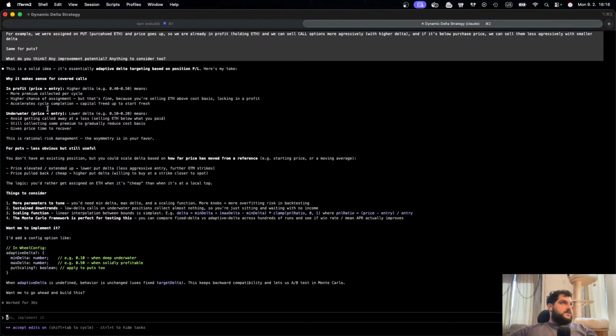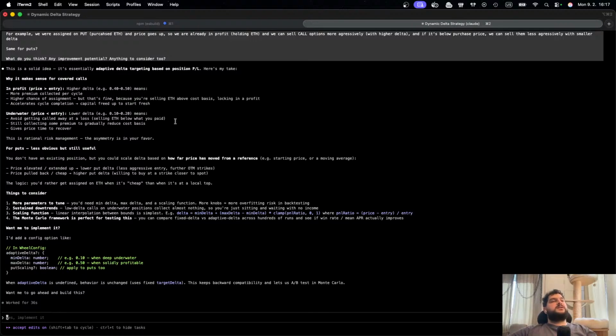Why it makes sense? This is a solid idea. It's essentially adaptive delta targeting based on position. Here's my take. Why it makes sense for covered calls: if in profit, price more than entry, higher delta means more premium collected per cycle, higher chance of assignment, but that's fine because you're selling ETH above the cost basis, locking in profit. Faster cycle completion, capital freed up to start fresh.